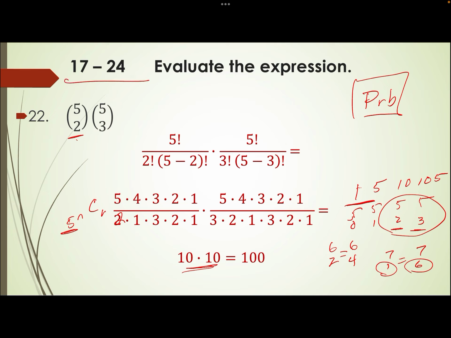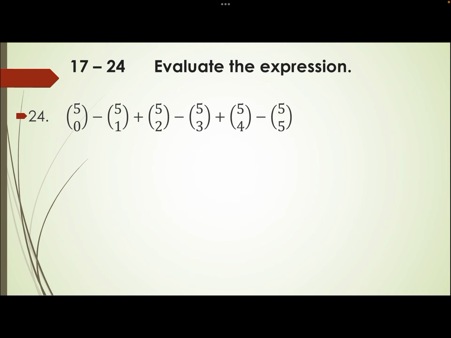But this part of your homework, you're just going to be typing it in like this. So 5, 0, you'd go 5 NCR 0. Which anytime you do the 0, it's 1. And anytime you do the 1, it's 5. And remember, 5, 0 and 5, 5 are the same. And 5, 1 and 5, 4 are the same. And then 5, 2 and 5, 3 are both the same.